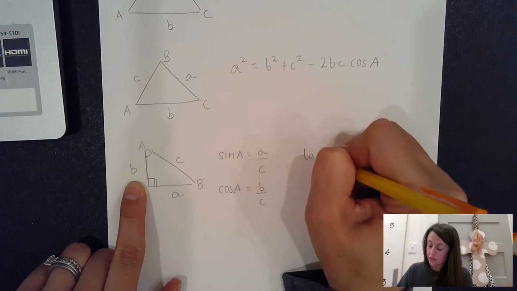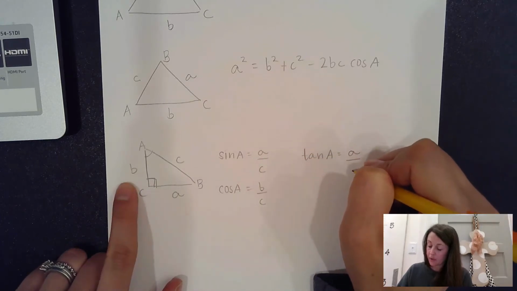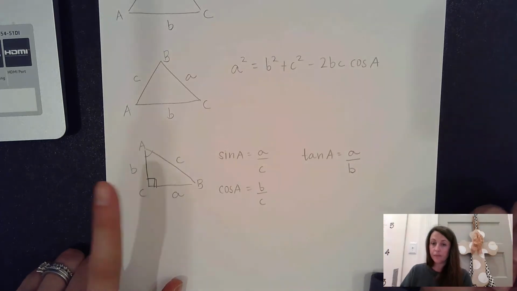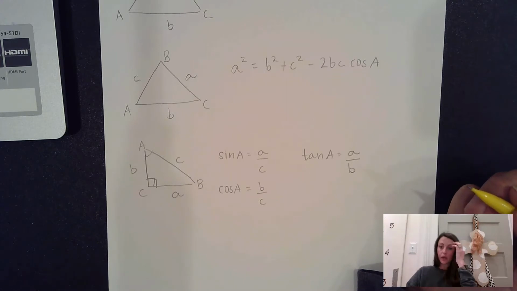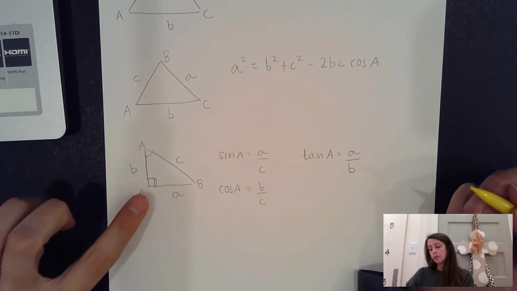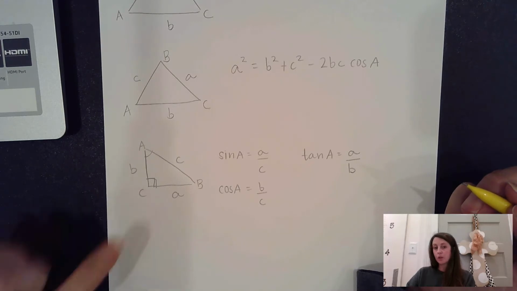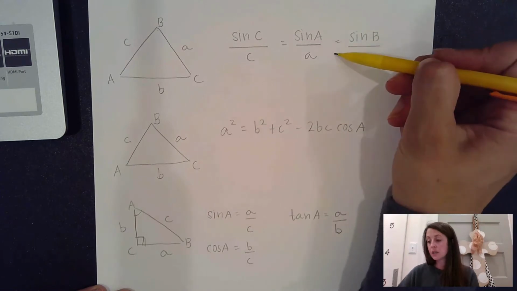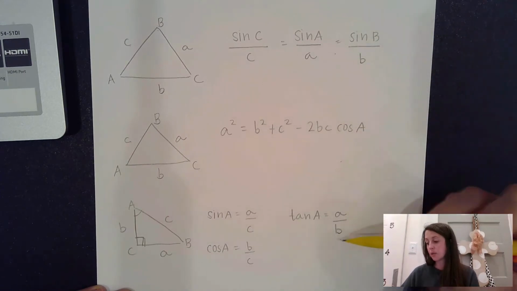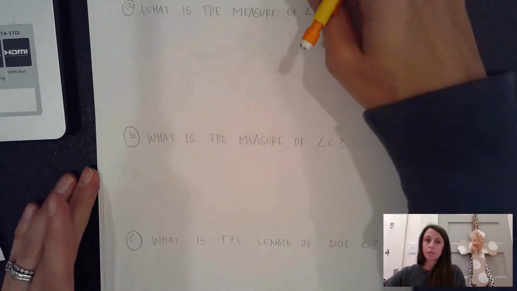And tangent of angle A is your opposite over your adjacent side. Remember, those ratios change with what angle you are looking at. We don't do our right angle trig functions with that angle C there. So we've got our law of sines, our law of cosines, and our right triangles. Let's look at these questions now.